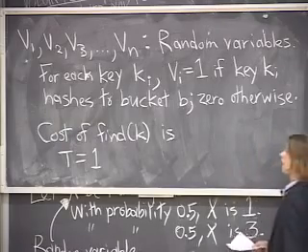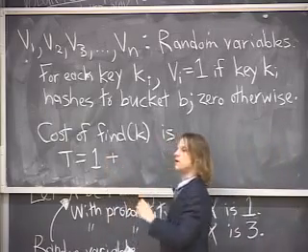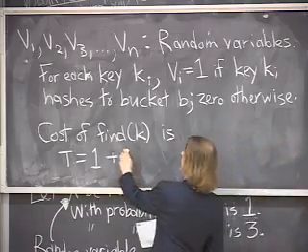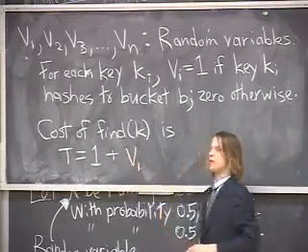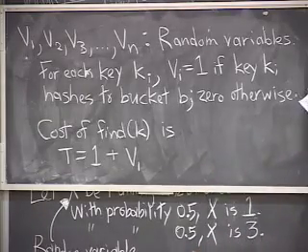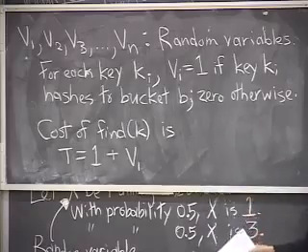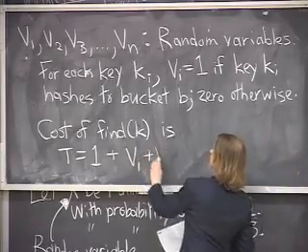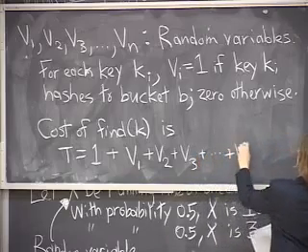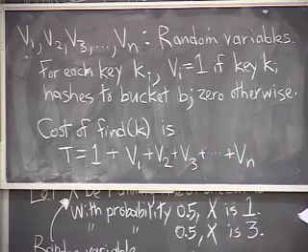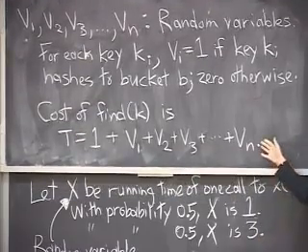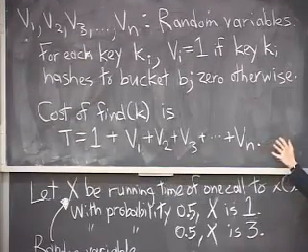And then if key 1 hashes to the same bucket B as the key we're looking for, then we're going to pay $1 for that. But if key 1 hashes to a different bucket, then V1 will be 0, and we won't pay for that. And the same goes for key 2, and the same goes for key 3, and so on. Any questions about this? Do you believe me on this?